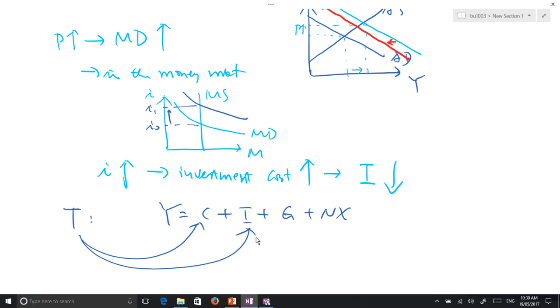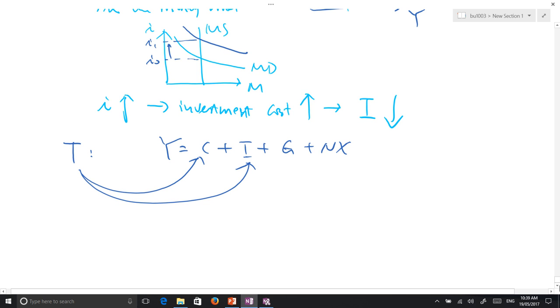And there's also the multiplier effect and crowding out effect as well. Alright, sometimes fiscal policy can be used as an automatic stabilizer.